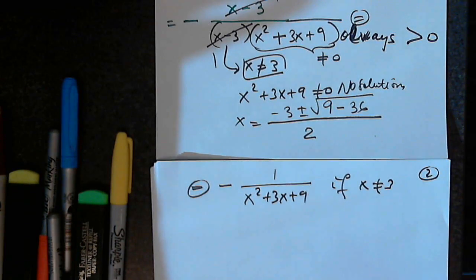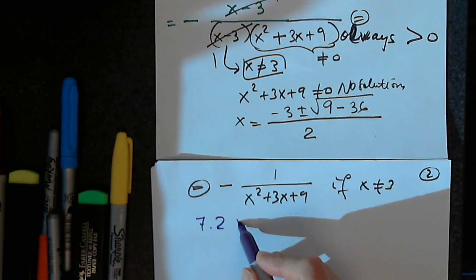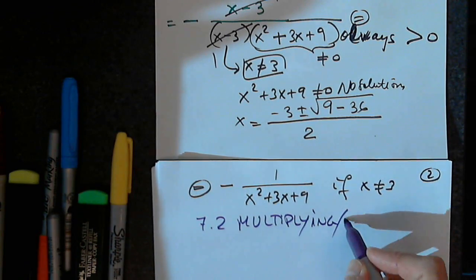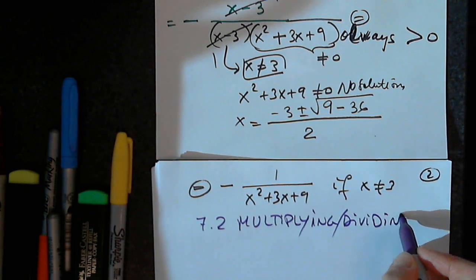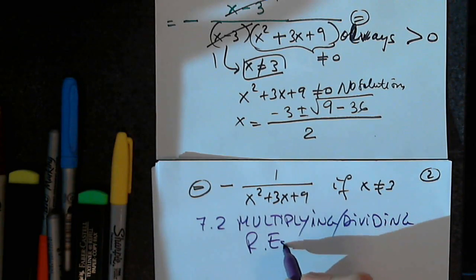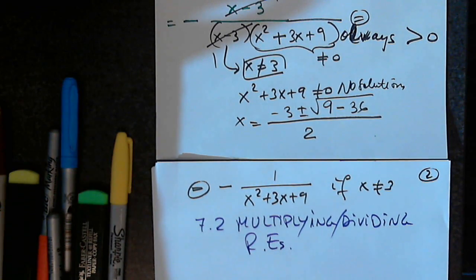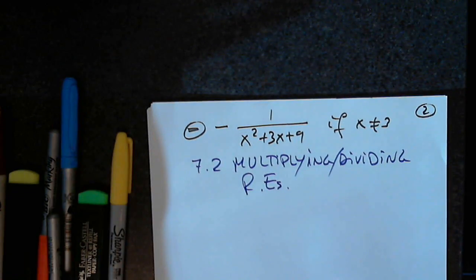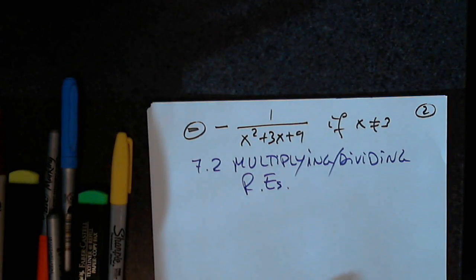Let's now go to multiplying and dividing, and we'll come back. Section 7.2, multiplying and dividing rational expressions. Nothing different from multiplying and dividing fractions, but I just have to be careful because there is x involved.